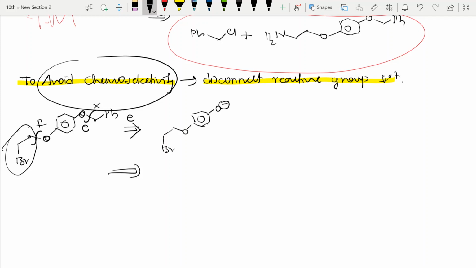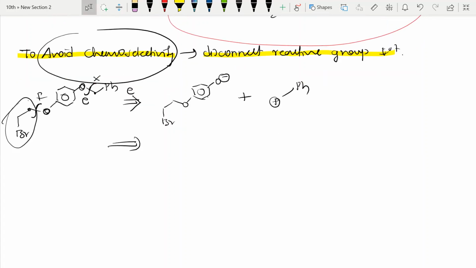So we won't cleave like this. One more reagent will be this one, CH2 plus. We can show the synthon, or we can also show the equivalent reagent. How will you show the equivalent reagent? See here, for the negative I will put hydrogen here, and here instead of writing positive I can write chlorine, right? So this is wrong. We never prefer this cleavage.